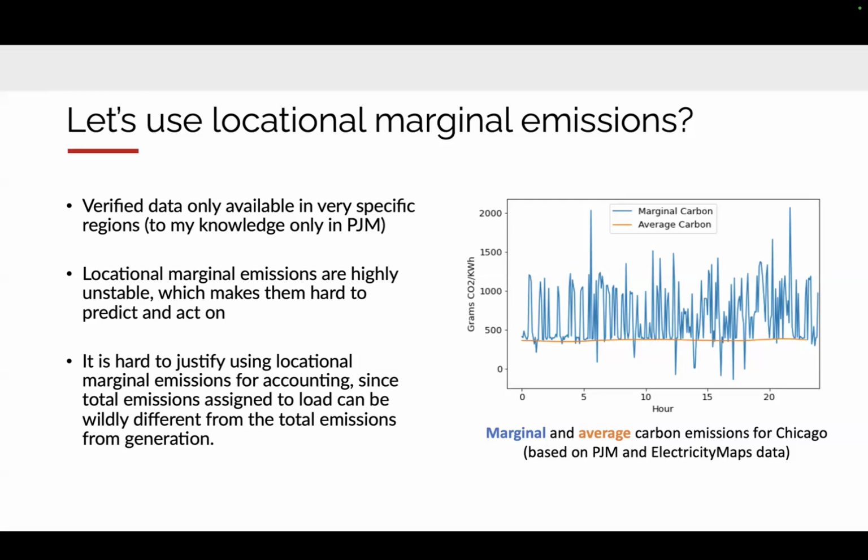Also, as you can tell from this picture, this is actual PJM data. Locational marginal emissions are very unstable, which can make them very hard to predict and act on. And as we discussed, it's a little hard to justify using locational marginal emissions for accounting since total emissions can just be so widely different from the total generator emissions.